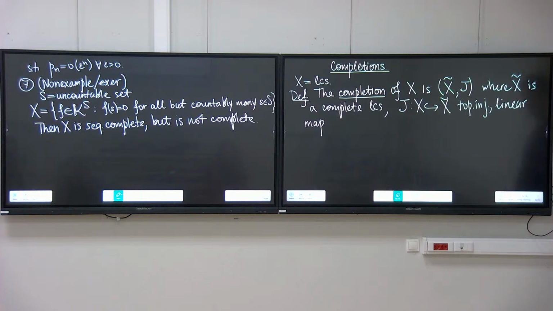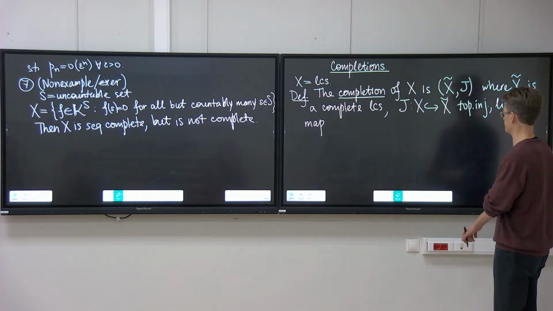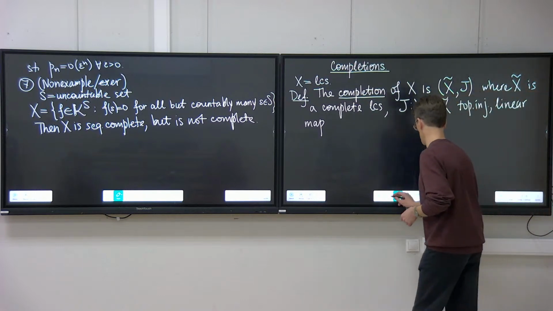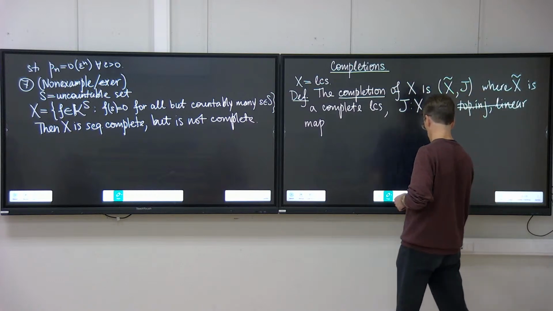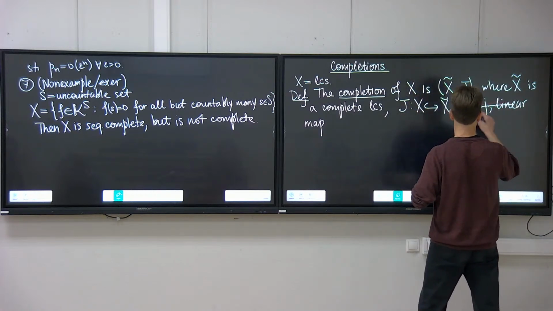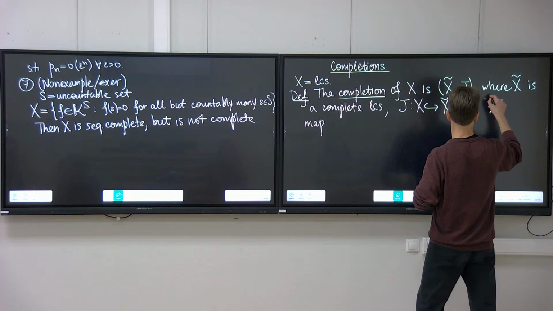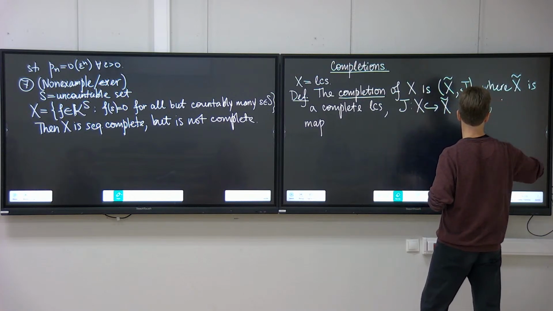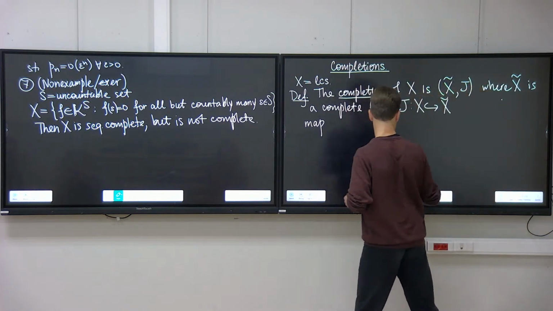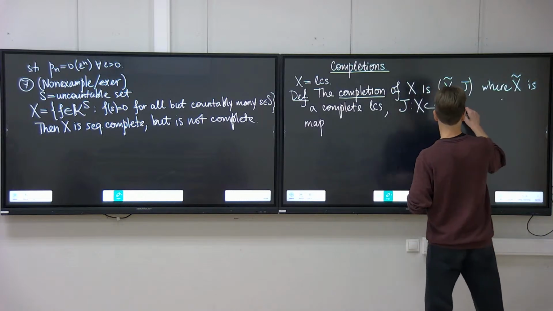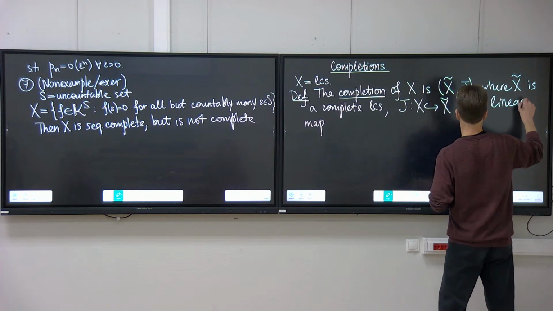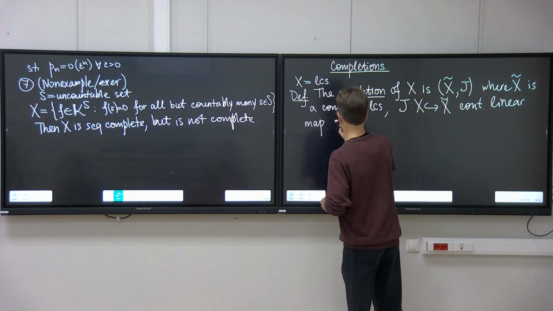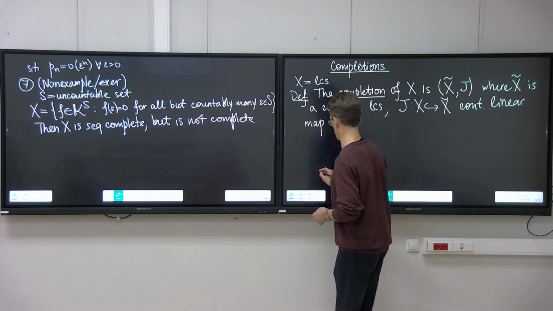So let me give a definition in terms of a suitable universal property. Sorry. So J is just a continuous linear map such that the following universal property holds.